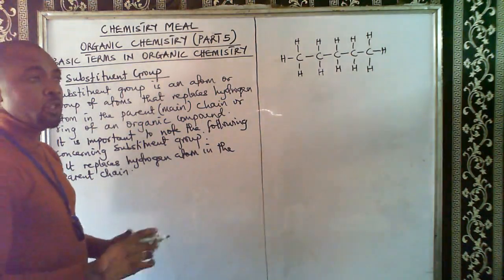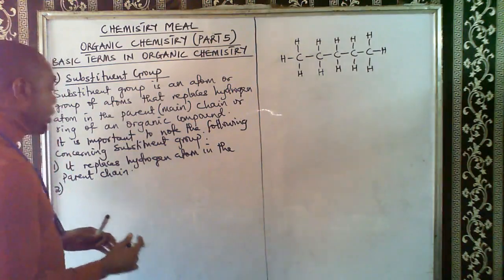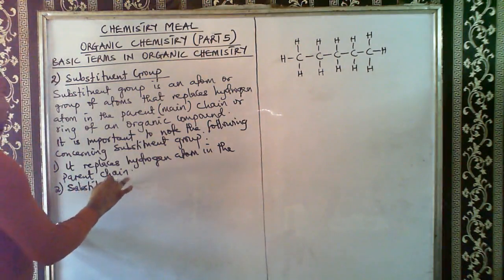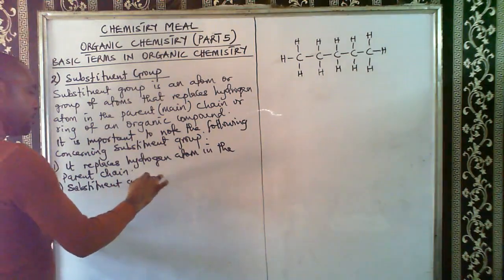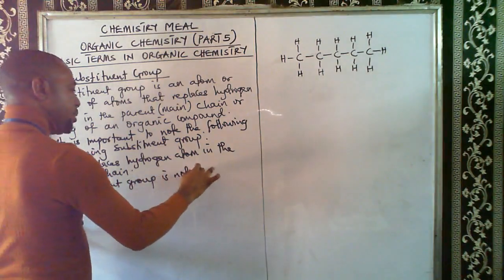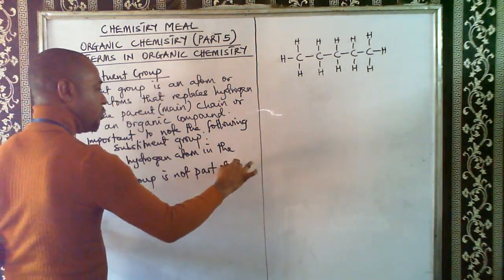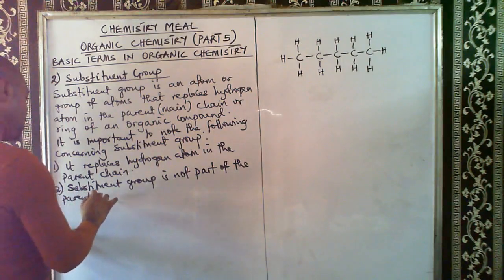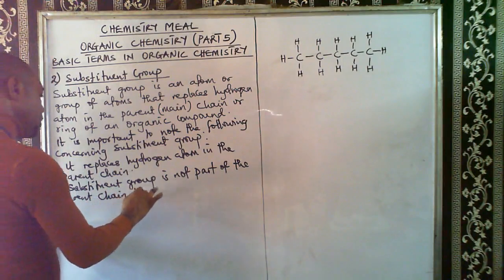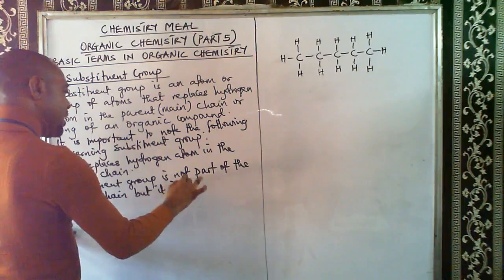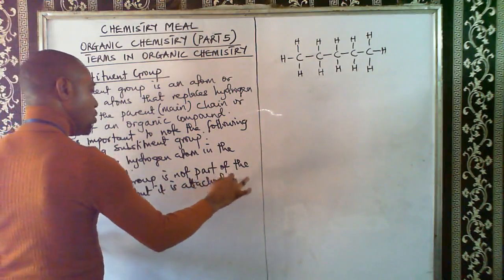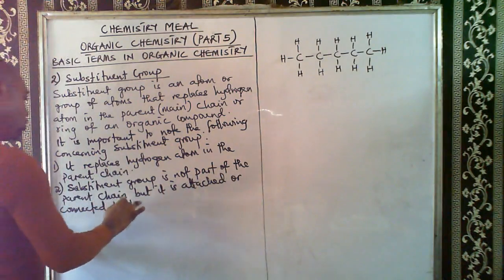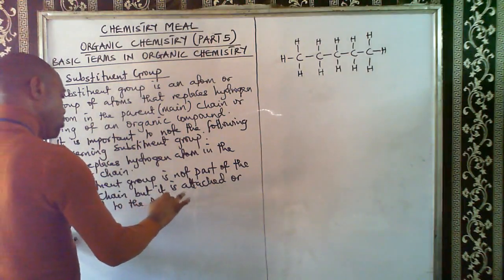Number two, substituent group is not part of the what? It's not part of the main chain. So substituent group is not part of the parent chain, but it is attached or connected to the parent chain.